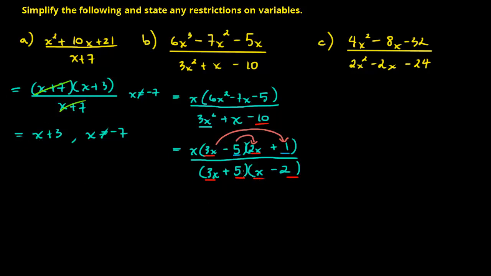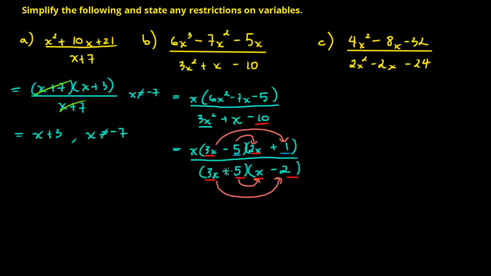So the middle term will come from multiplying positive 5 times x minus 2 times 3x. So I've got positive 5x minus 6x, which is negative x. So that doesn't give me the correct middle term.